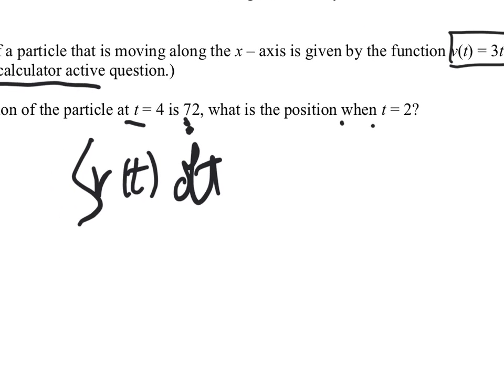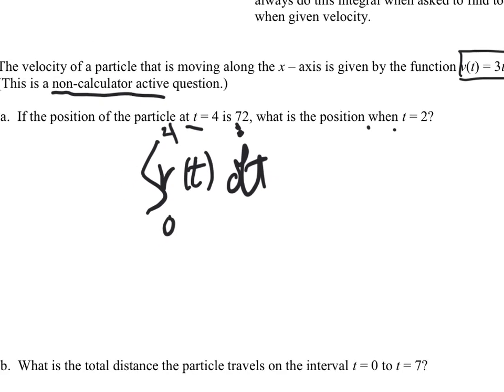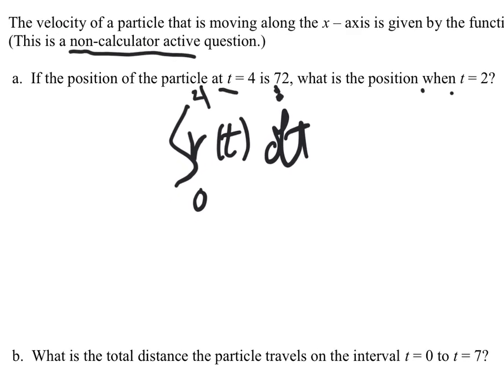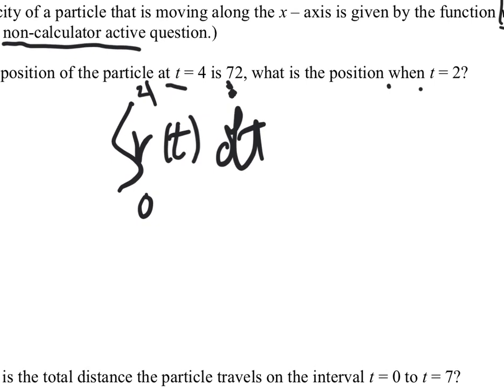Well, if I go from 0 to 4, moving along the x-axis, 0 seconds to 4 seconds will be the position function at 4. You know what? I can't go to 0, so I don't know anything about 0. How about instead of 0, I go to 2? 2 to 4. Does that make more sense? That way I go minus position at 2.